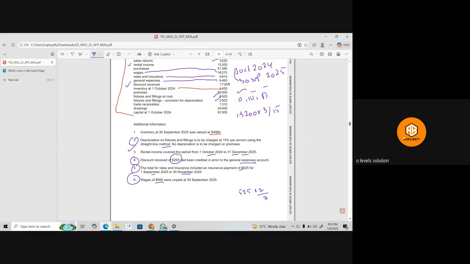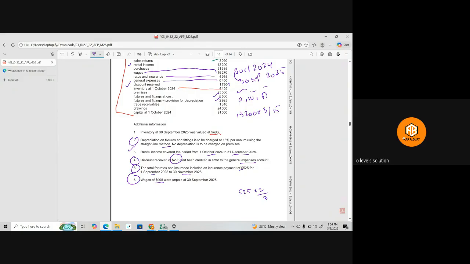We will multiply the 65,000 with the... because for the premises I think they have not provided any depreciation for that. So only on the fixtures we multiply the 6,500 with the 15%.